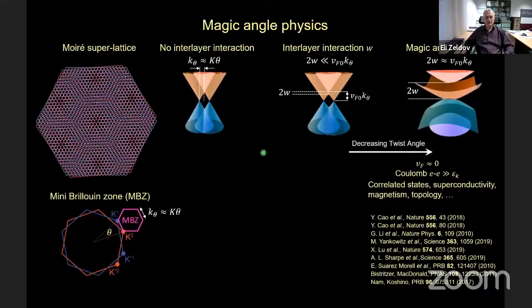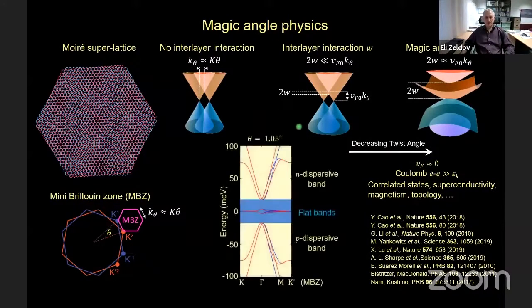Since Dima presented a very nice introduction to magic angle graphene, I will skip this theoretical part, but I will just mention again the flat bands that we have near charge neutrality and the dispersive bands away from it. These are the electron dispersive band and the hole dispersive band. An important reminder is that it takes 4 electrons per Moiré unit cell to fill these flat bands, or 4 holes to empty them.